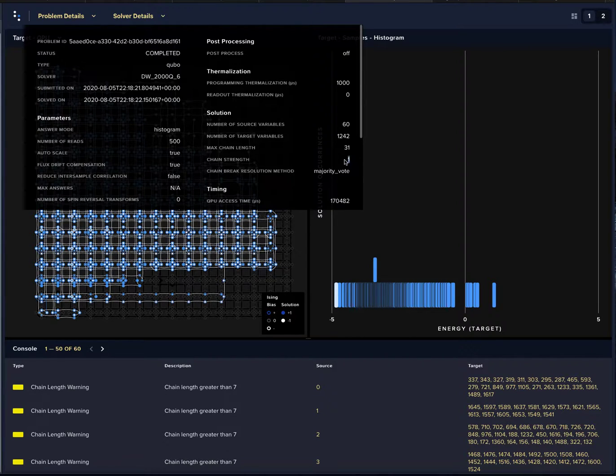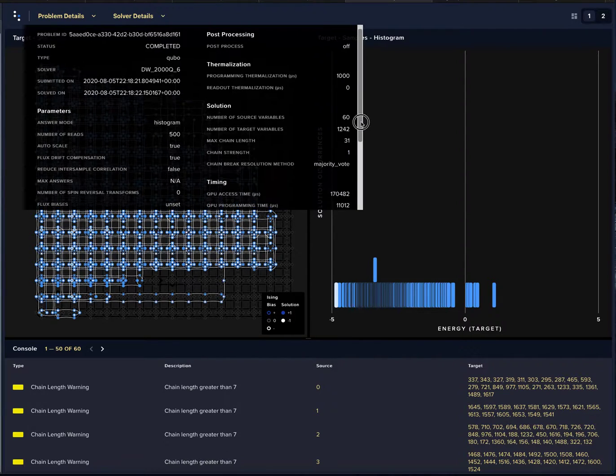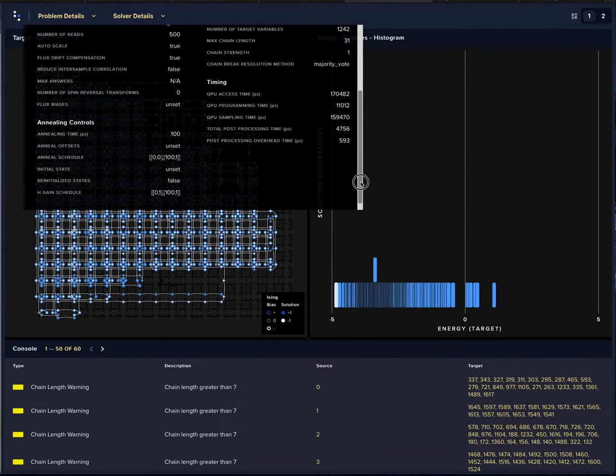Chain strength is 1, that's a setting, and if a chain break happens, it uses majority vote to find the value. So you don't have to throw away the value. Post-processing overhead time, if we were to use it, is 593 microseconds. The programming time just to get the qubits on is 11,012 microseconds, and the qubit access time in total, it's a lot. It's 170,000 microseconds. So just good to know.